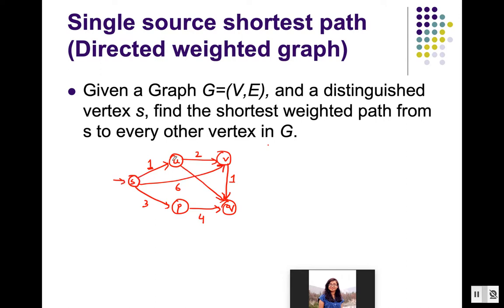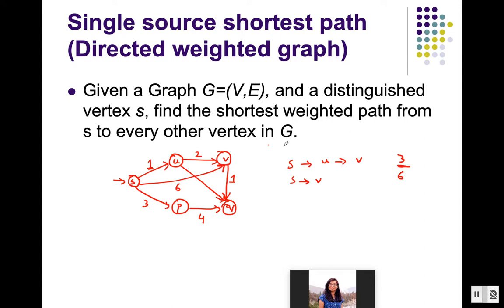But from S to V we can go from S to U to V, or we have a direct edge from S to V. If we take the path S to U to V, the cost is 1 plus 2, which is 3. But if we take the direct path S to V, the cost is 6. So instead of taking the direct path, we may want to take the path from S to U to V.